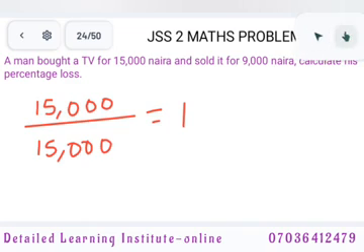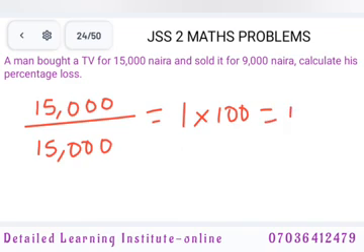So to bring in the percentage sign, we multiply by 100. That gives us 100%. You can see that there is no loss and no profit, because he's selling it at the same price.